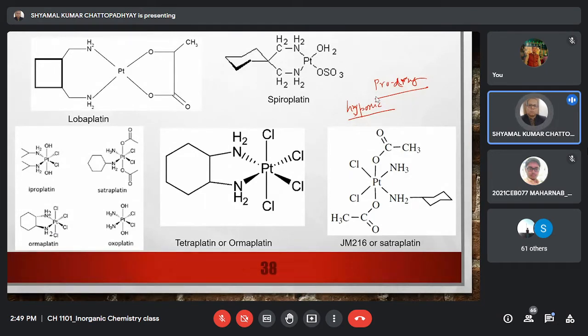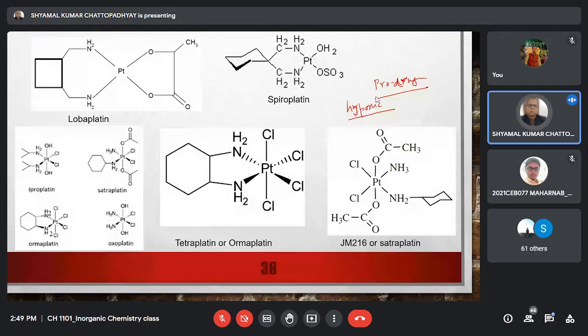So once the platinum 4 complex goes inside the cancer cell compared to the normal cell, since the cancer cell has a reducing atmosphere, in the normal cells platinum 4 will remain to a long extent as platinum 4, but in the cancer cells platinum 4 will be immediately reduced to platinum 2, and once it is reduced to platinum 2, it becomes more reactive and begins to bind the DNA molecule.